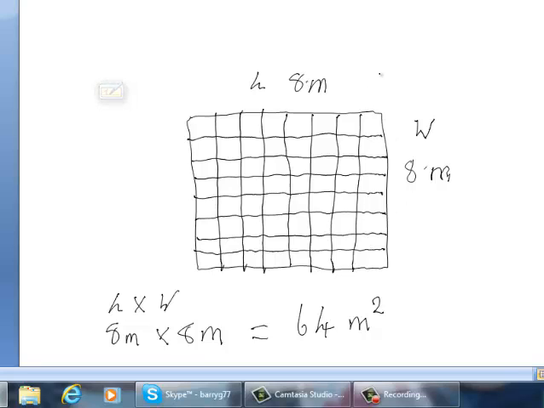So just to prove that there's 8, we've got 1, 2, 3, 4, 5, 6, 7, 8. And down here, 1, 2, 3, 4, 5, 6, 7, 8. So we'll just get rid of those. So we know we have 8 times 8 is 64. So inside that square we now have 64 square meters, or 64 squares.